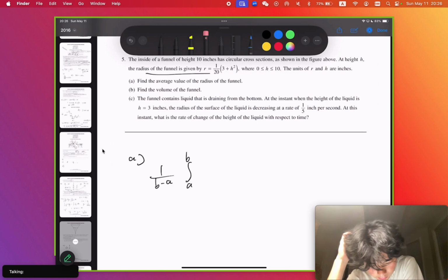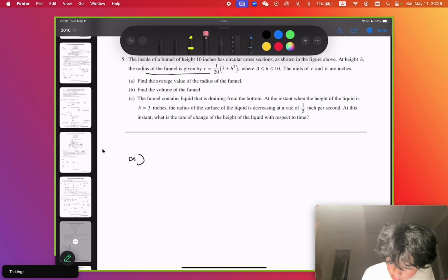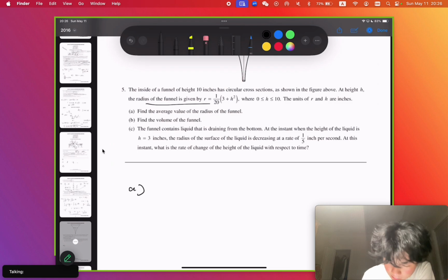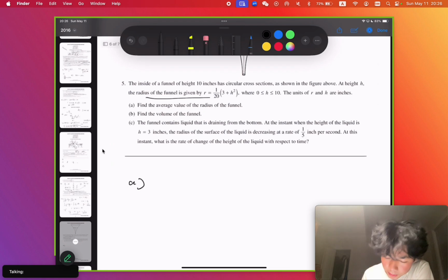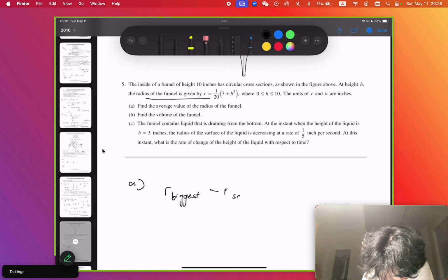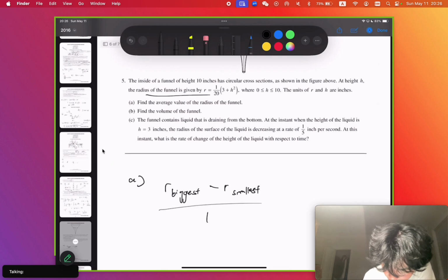Wait a minute, this is getting a bit confusing, but let's just say average value is when it's at 0. So let's say the biggest r, let's make it less confusing, minus r smallest, and then divided by 10.